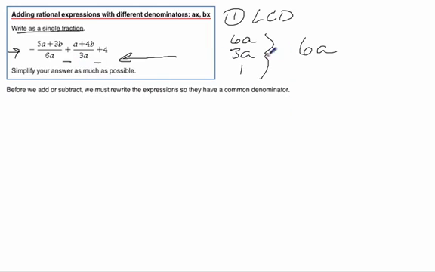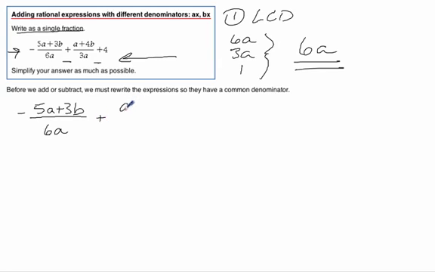So what do we have to do now that we have the least common denominator? Well, we have to change each fraction into an equivalent fraction with that denominator. In this case, the negative of the 5a plus 3b over 6a already has that denominator, so that's nice. We don't have to do anything to that.